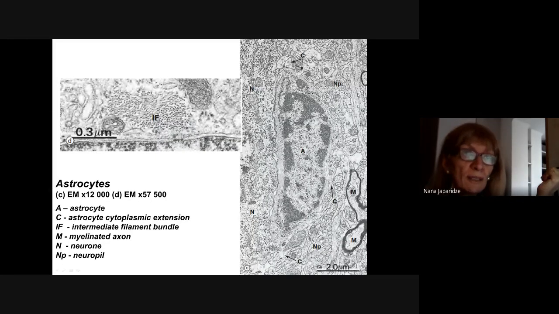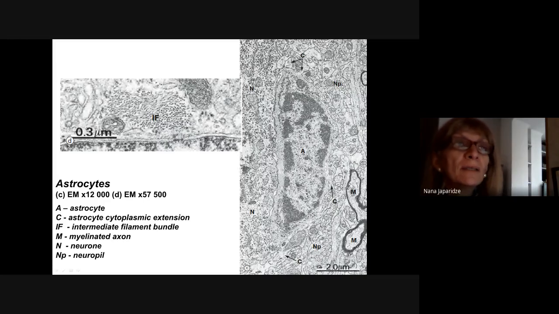So what you see here in the neuropil, look, these differently shaped profiles. Look, even small ones, a little bit bigger here, or here, for example.